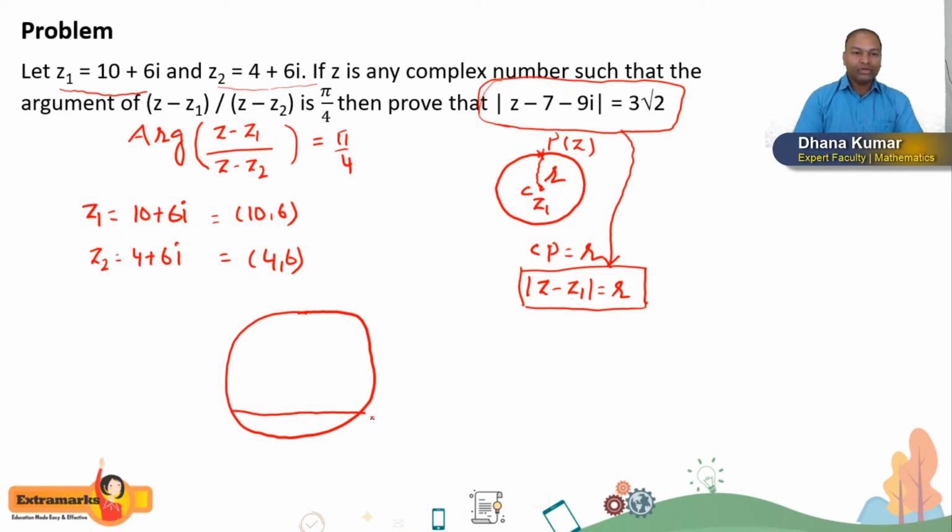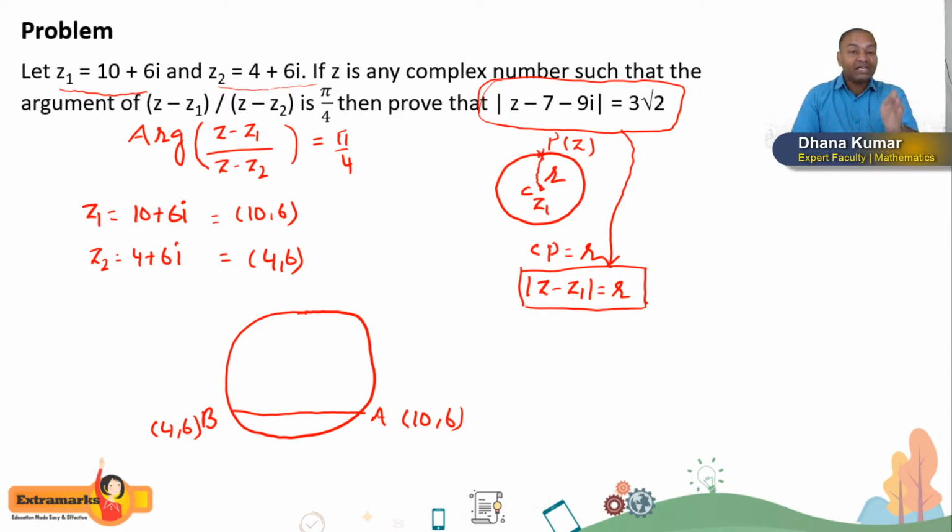Here the point is A, here the point is B. A point I am assuming z1, so that is 10 comma 6. B point z2, that is 4 comma 6. So AB line is parallel to x-axis. Now according to this condition, argument means what?